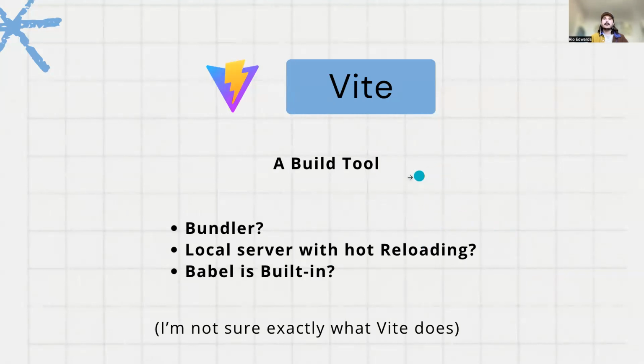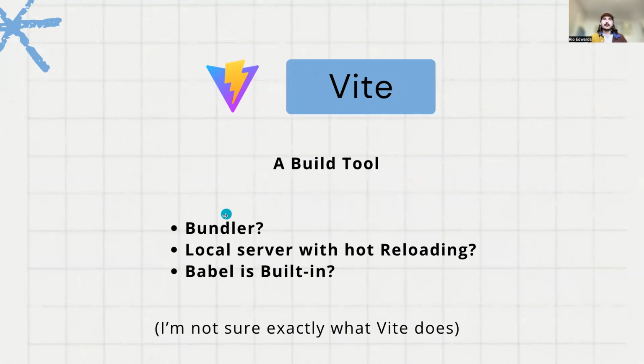Okay, Vite. Vite is what you initially use to install React and create a new React project. And it's kind of new, I think. It at least wasn't, I didn't use it when I was learning React. So it does some things that you can accomplish with other tools, but it uses those other tools and makes it simple.